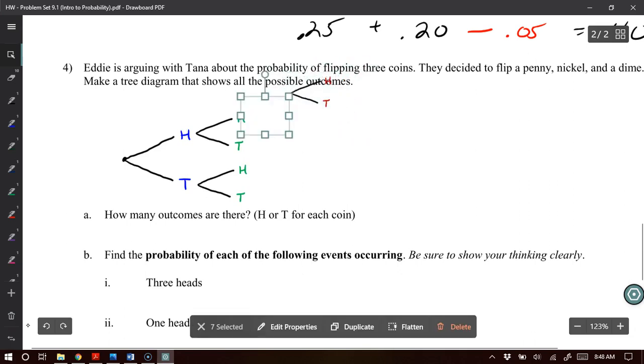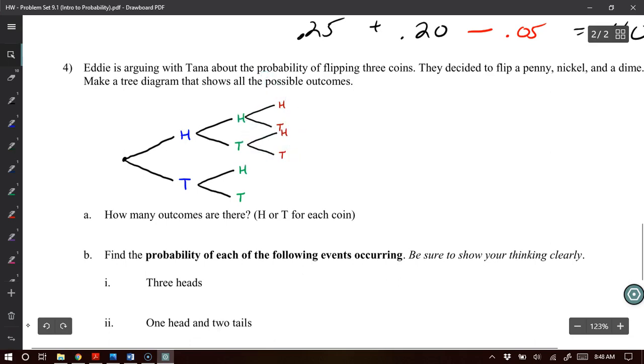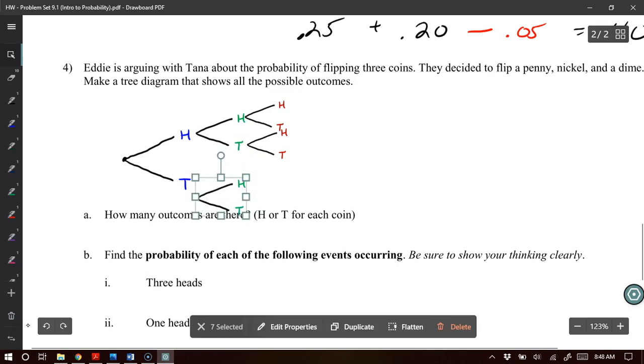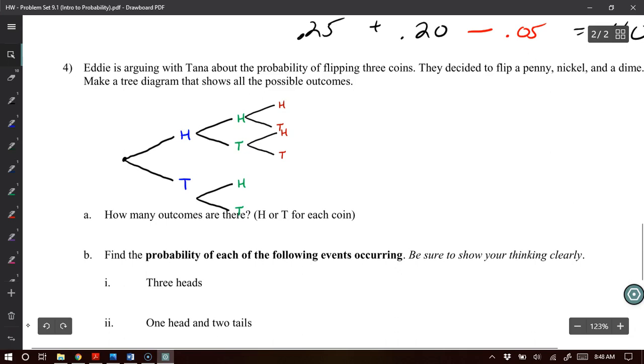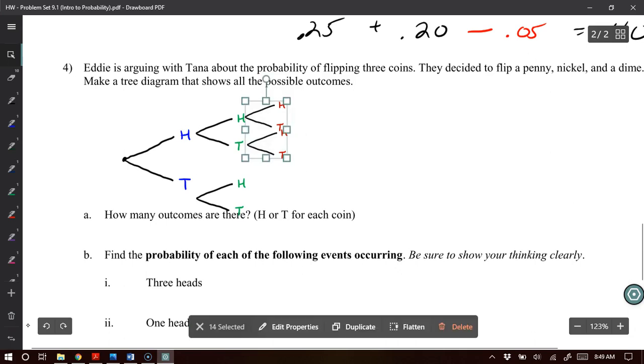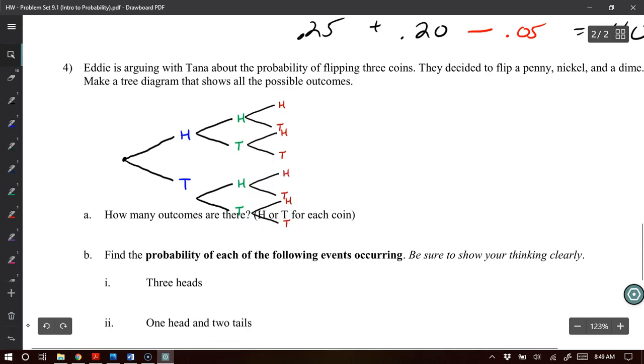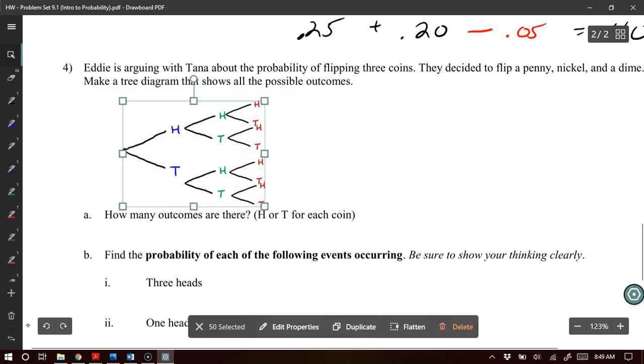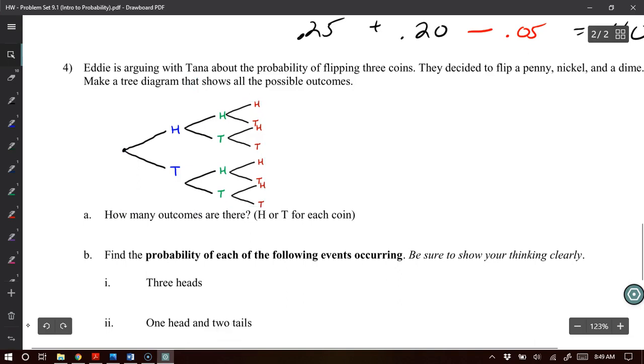So I have a heads and a tails here. I can have a heads and a tails here. Again, give myself some room, slide this down. And then this could also repeat down here. So here is my tree diagram, which you can see it gets to be very, very big the more events you have. So that's to make an outcome table for it.